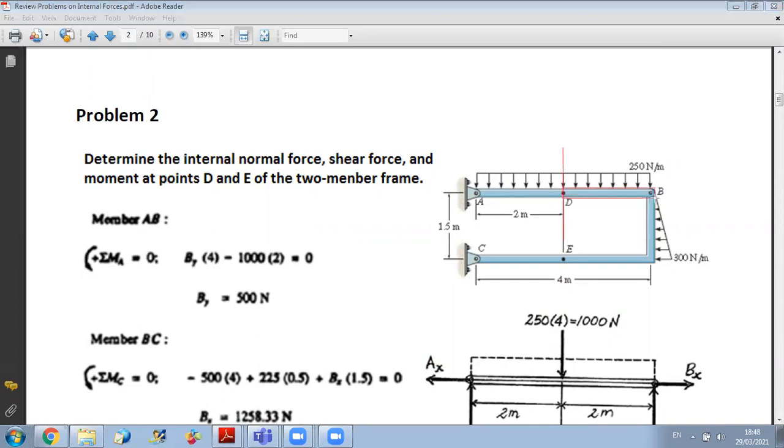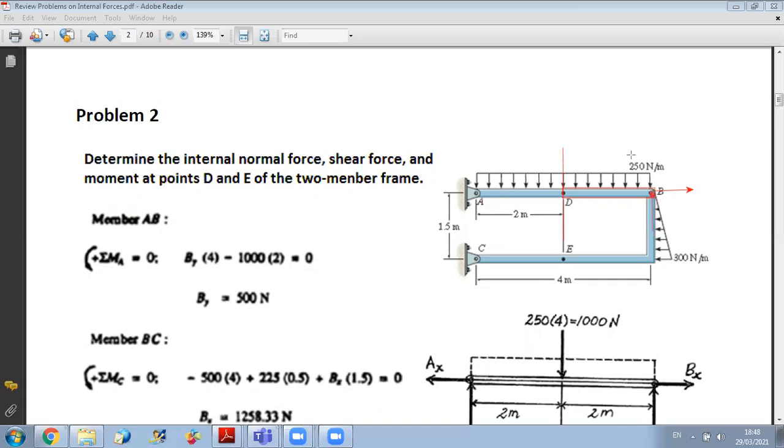Okay, then on BD, what do I have? I have Bx, By, which are calculated, and we assume they are like this. So this is Bx, this is By. And I have a force here.